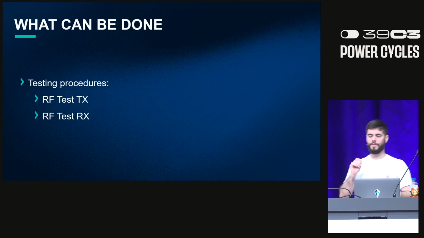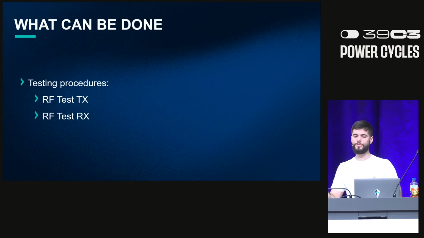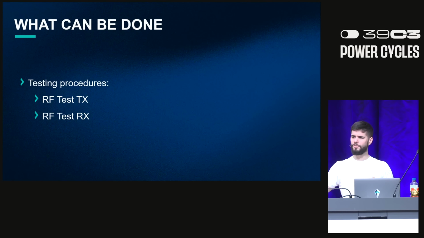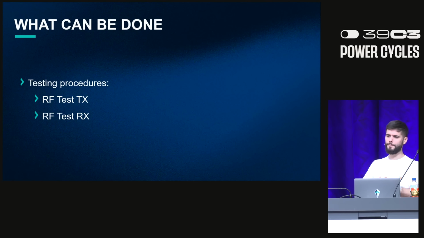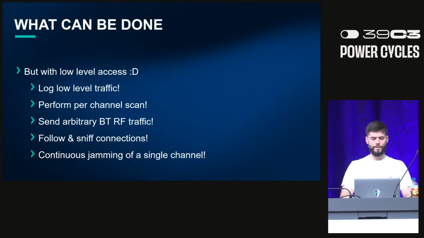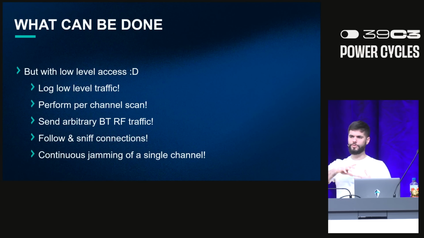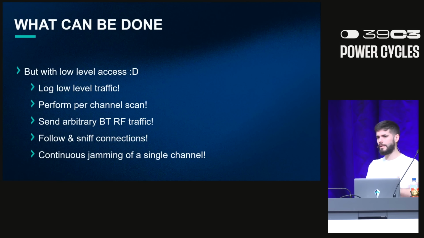But we also documented a couple of modes more, some RF radio frequency testing modes, which allow us to transmit continuously and receive continuously. And the thing is that we can do all of those operations, but with low-level access.